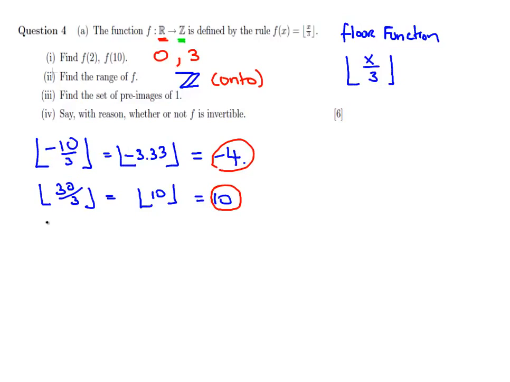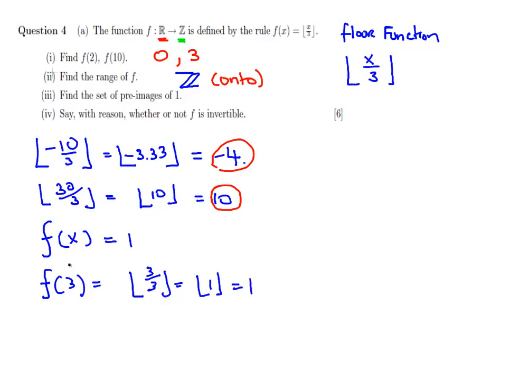So whatever value of x has an output of 1. Let's naively try out a few values. f of 3 is the floor function of 3 divided by 3, which is the floor function of 1, which is 1.